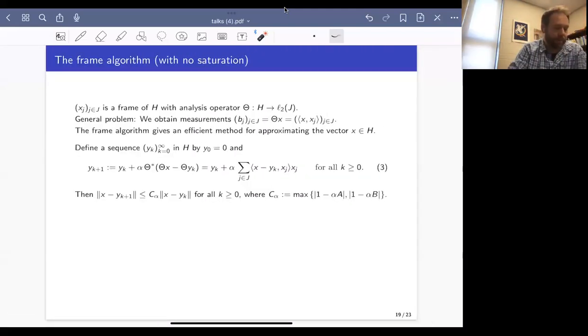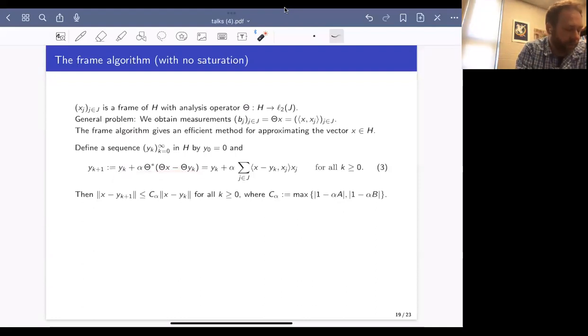So this is very well studied, and the algorithm is constructed by building a sequence. The sequence starts at 0, and then it iteratively makes a better approximation for the vector x. So if I built y_k, then the next vector in my sequence is defined in this way.